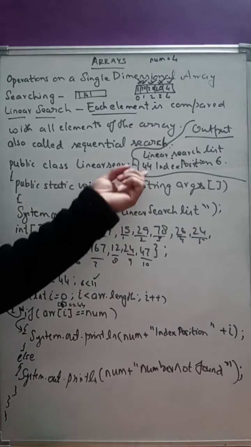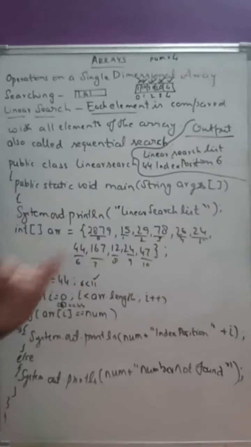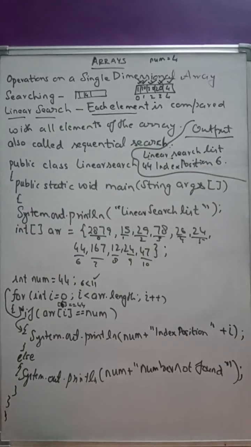So the output will be 44 index position 6. And before that, all the outputs will be number not found.